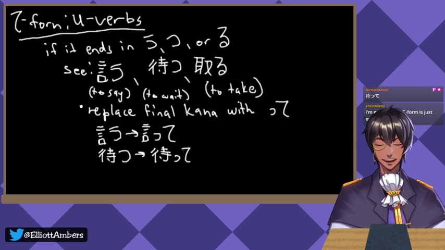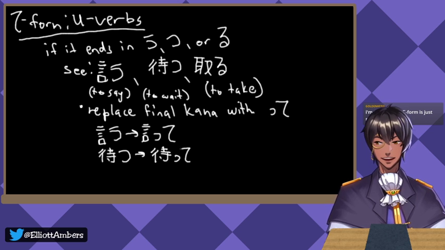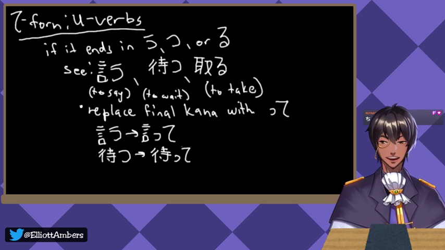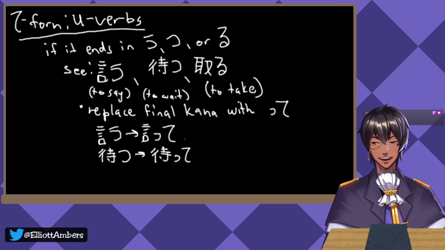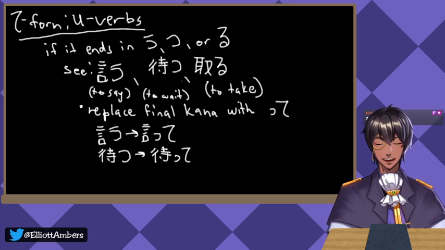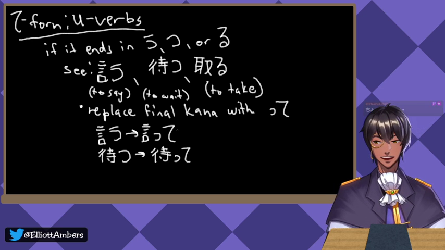It turns that u sound into a small tsu sound. That's the big thing. But the rule changes depending on what the u sounds change into. And the biggest thing that you'll notice is that it depends on the case of what that final kana is, and if it is sort of muddled. We'll get to it with the next case, actually.